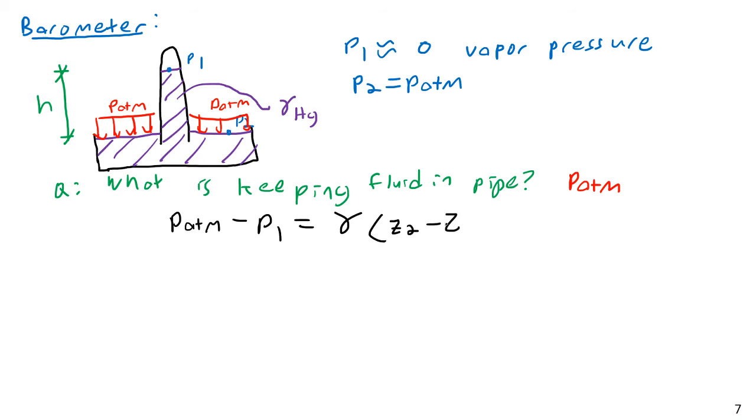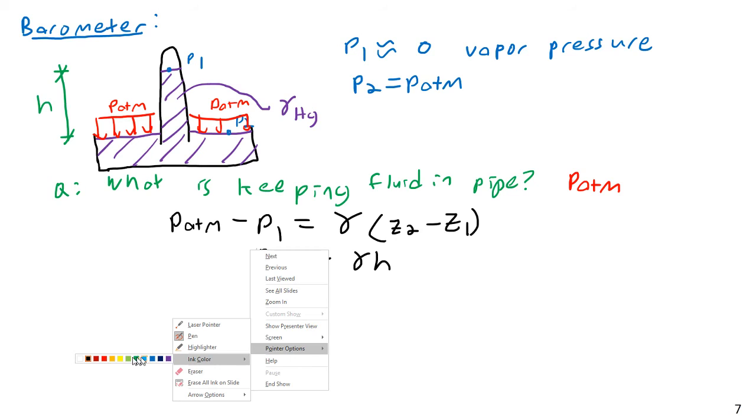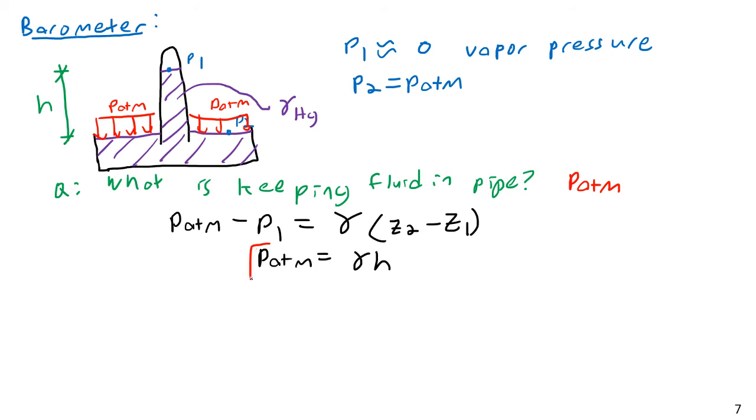Z2 minus Z1 here, or P atmospheric, is equal to gamma H. Now that's not gamma subscript H, that is gamma times H.